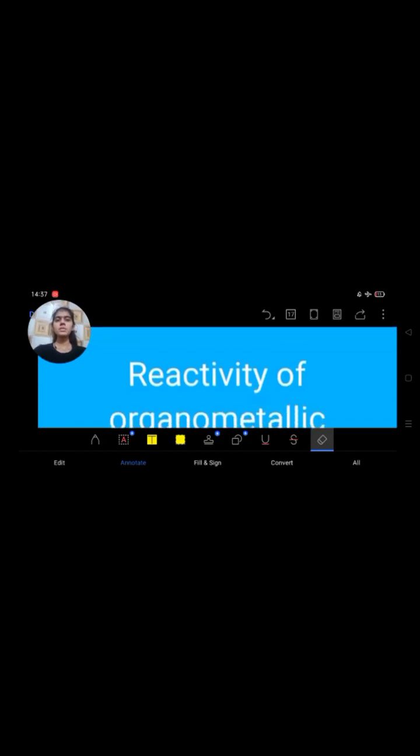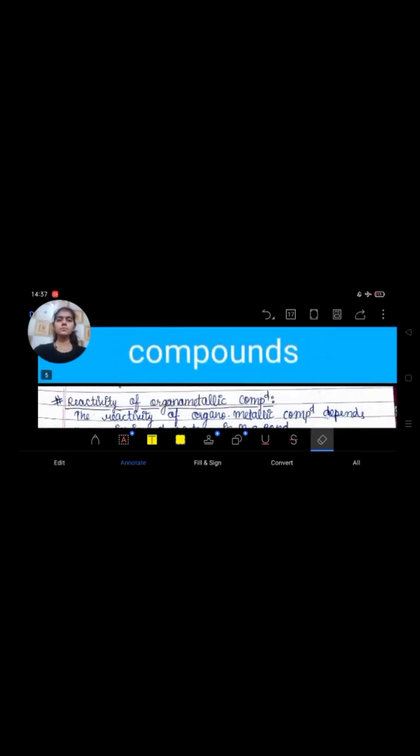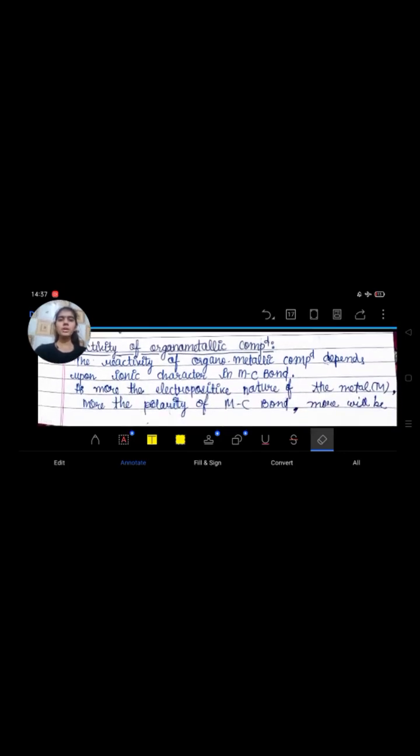Then we will discuss the reactivity of organometallic compounds. The reactivity depends upon the ionic character of the metal-carbon bond. The more electropositive the metal, the more polar the metal-carbon bond.